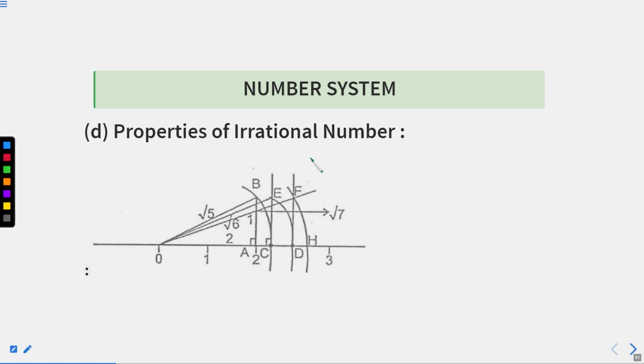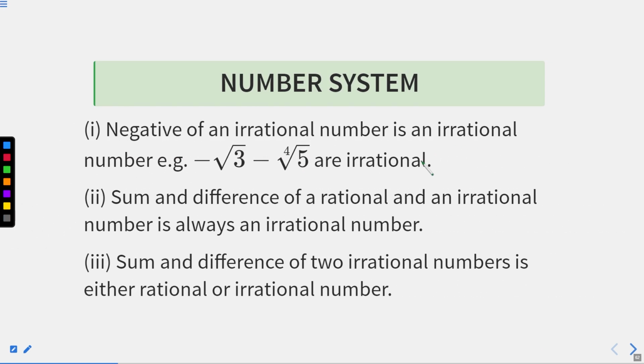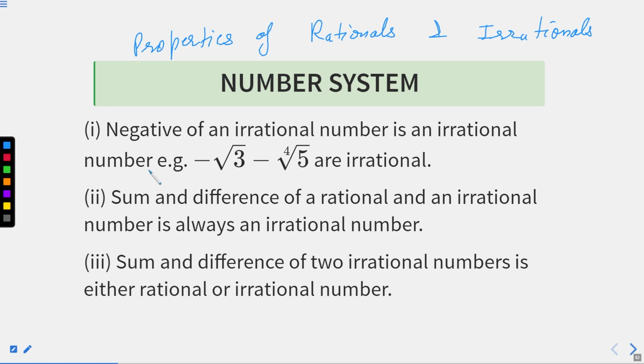Now let's talk about properties of irrational numbers, rational and irrational numbers combined. So, properties of rationals and irrationals. The negative of an irrational number is irrational.